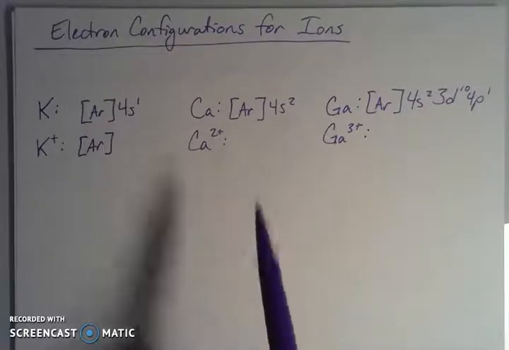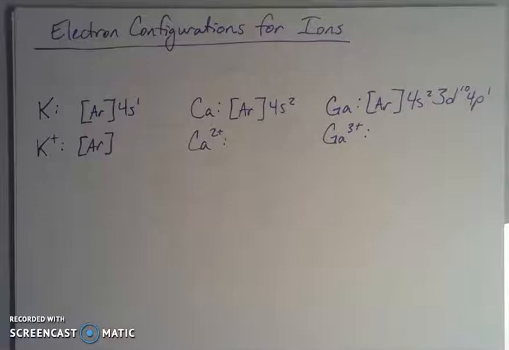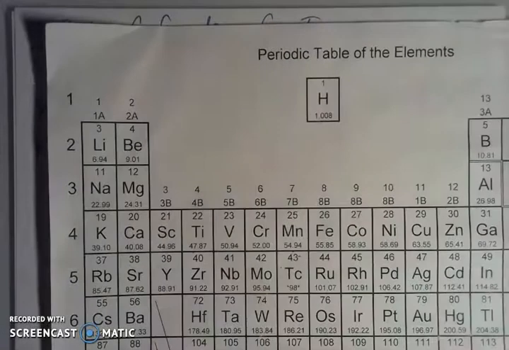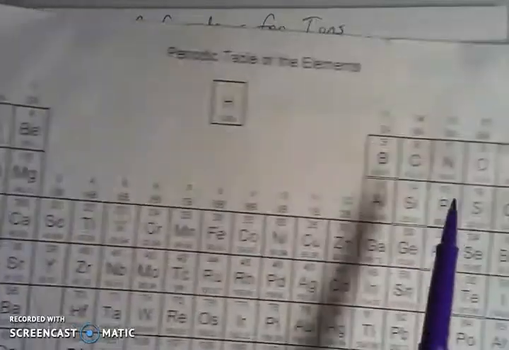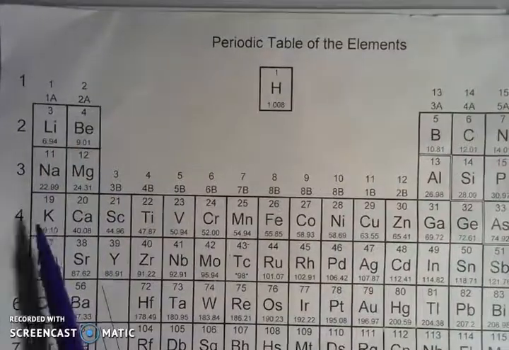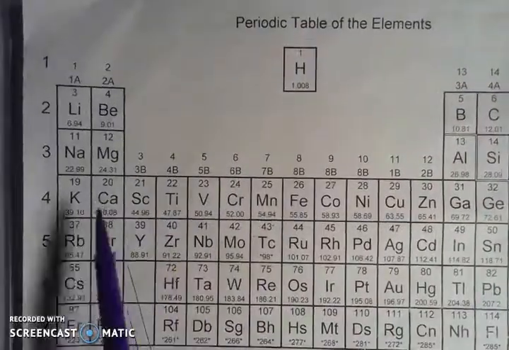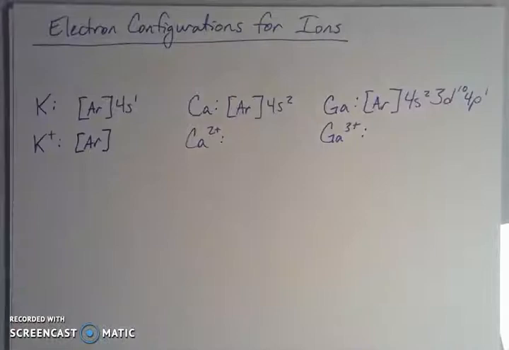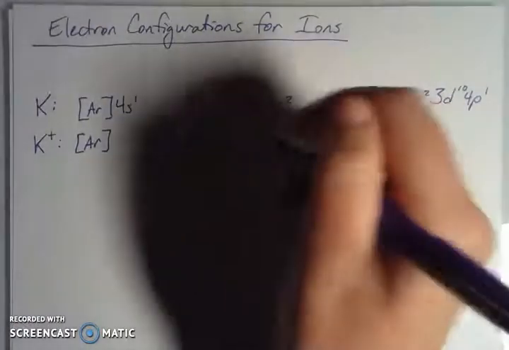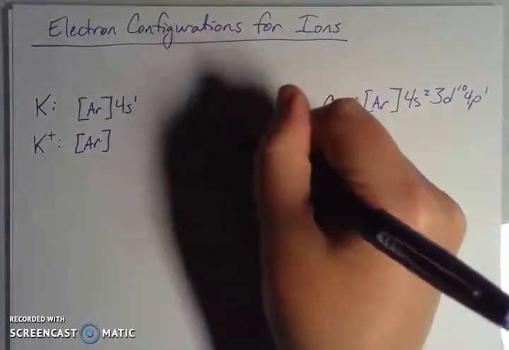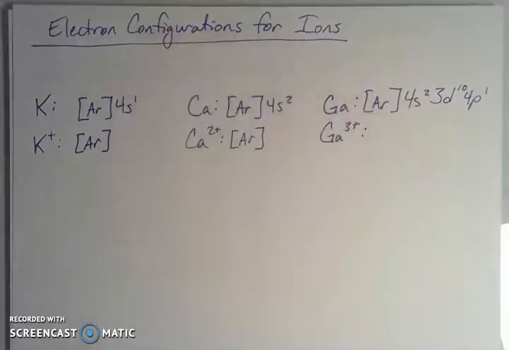Now with calcium, it's the same kind of operation. So I have argon, and then 4s2. And when I lose those two highest energy valence electrons, all I'm left with is argon. Okay, so far so good.